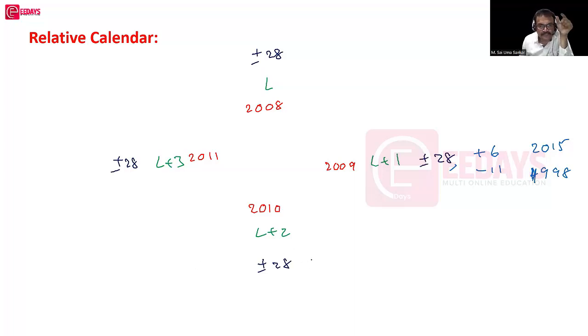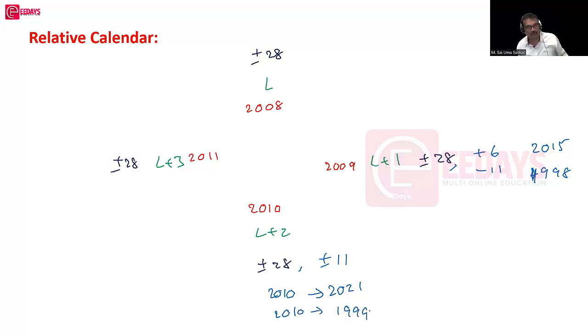Suppose this one, 2010, this is plus or minus 28 common and plus or minus 11 is also. 2010th year calendar is the same as 2021st year, and 2010 calendar is the same as 1999th year also. And leap year plus 2, that is equal to minus 6 and plus 11 years. Here 2011th year, so 2022 is the same and 2005 is also the same. And what is the leap year? That is plus or minus 28.